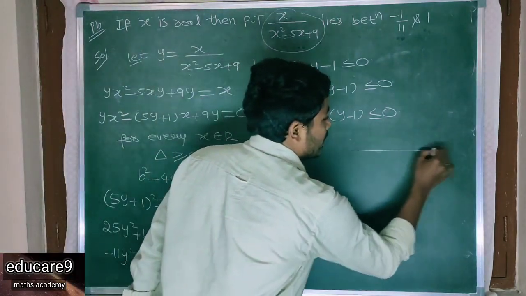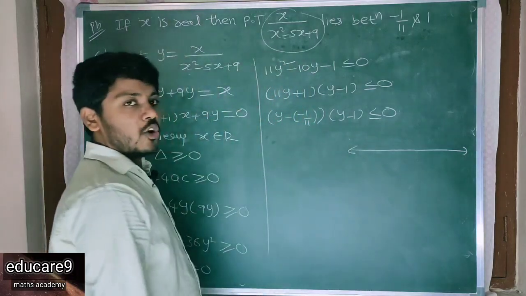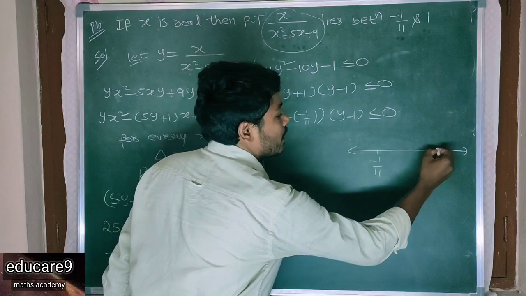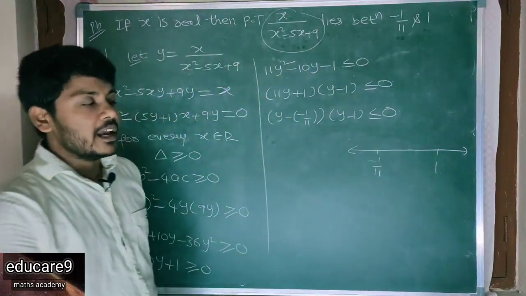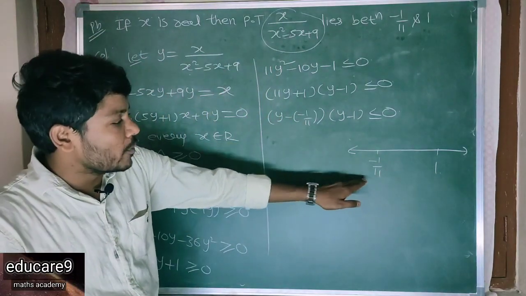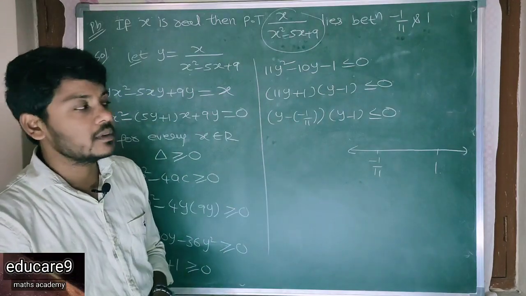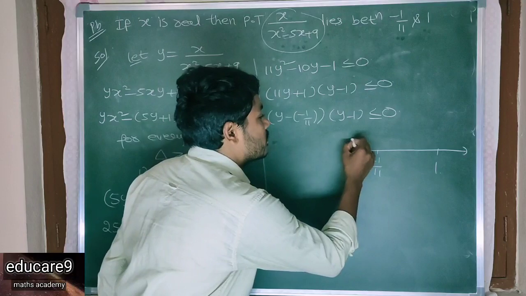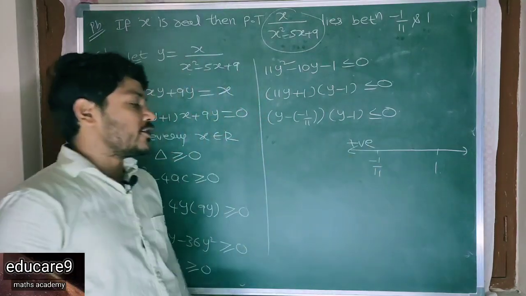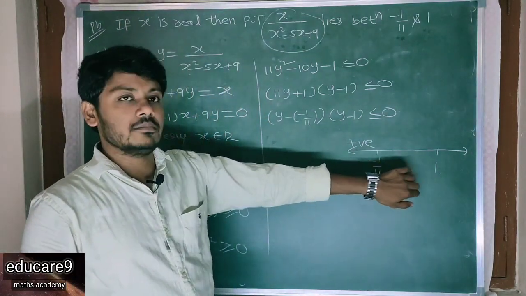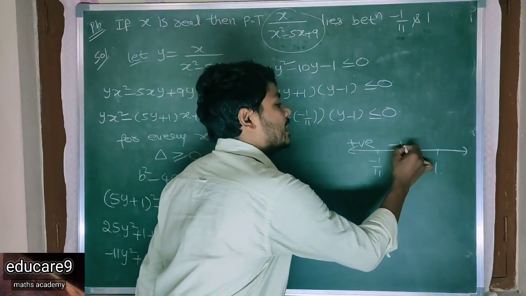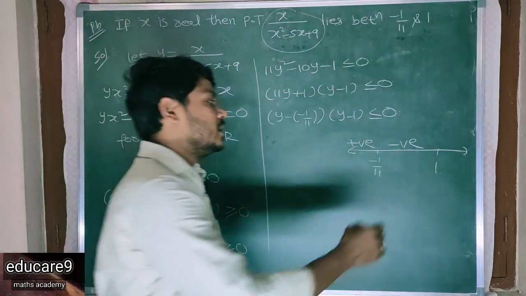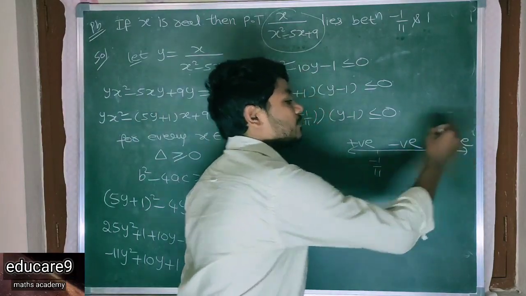Now here you want to find y values, that is the range. For that, draw the real line and locate the points minus 1 by 11 and 1. If you substitute below minus 1 by 11, then you get a positive sign. If you substitute between these two, you get a negative sign. If you substitute y value above 1, you get a positive sign.